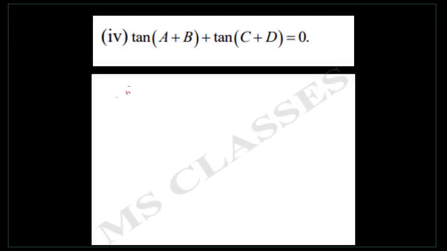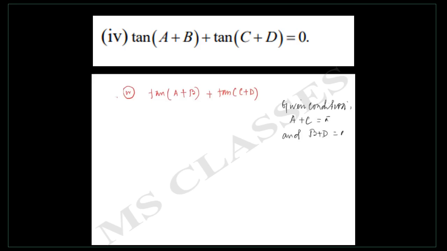Sub part 4. Tan A plus B plus tan C plus tan A plus B plus tan C plus D. Now, as we know that here, what is the given condition? Given condition A plus C equal to pi and B plus D equal to pi.